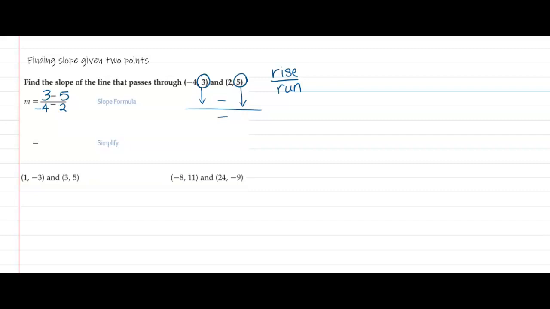Now, if we actually use the formula and the subscripts, that's y1, x2, y2, we would probably do 5 minus 3 over 2 minus negative 4, but we'll get the same answer. And to me, it doesn't make sense to have to crisscross these numbers. It gets confusing. So I prefer to just drop them straight down into the formula. And when we do this, we'll simplify to negative 2 over negative 6, which reduces to 1/3.